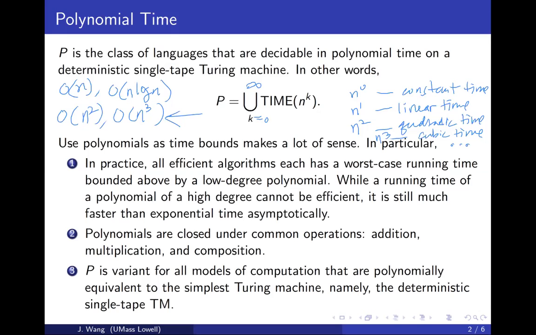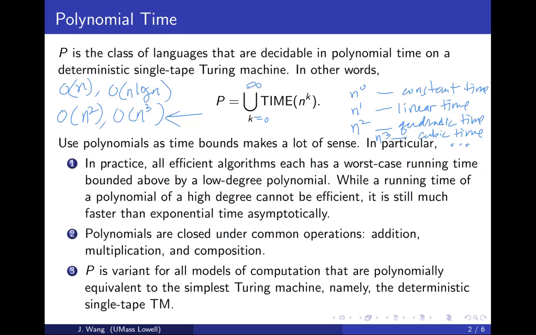So that's in practice, and hence we use polynomial time to indicate that a problem is efficient, and we call it tractable. A problem is tractable means that there is a polynomial time algorithm deciding it.